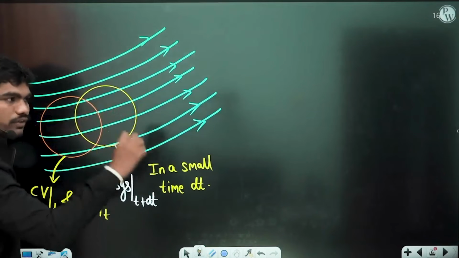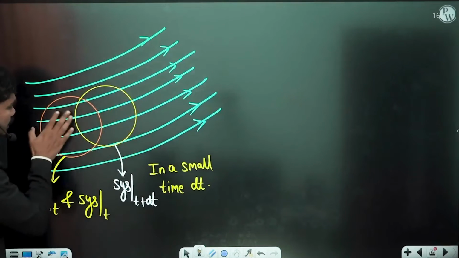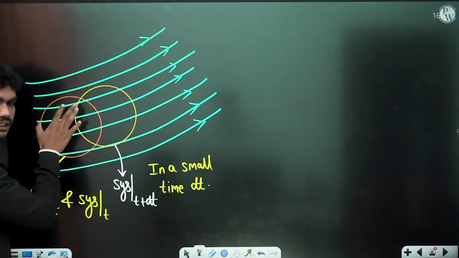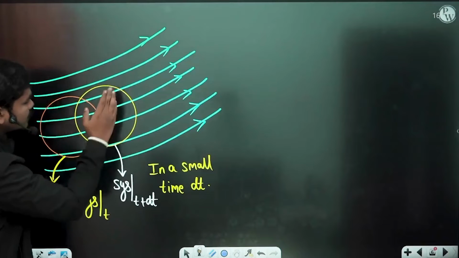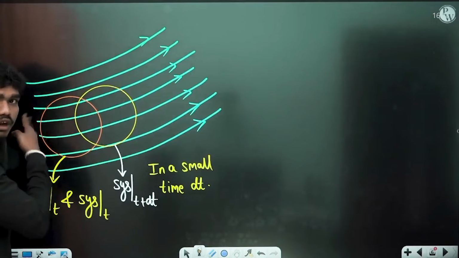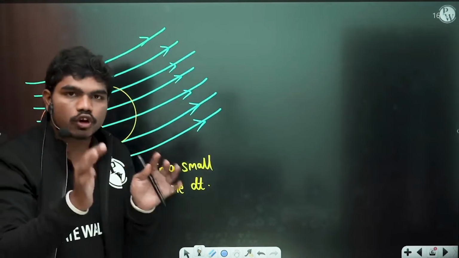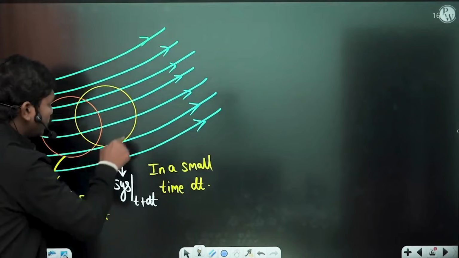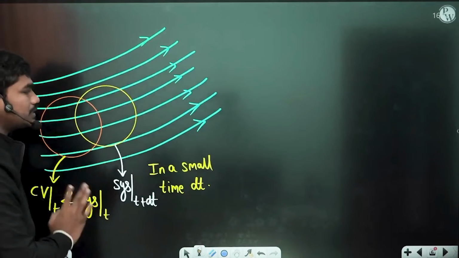Obviously it happens because when you fix a volume, then when there is flow within the small time dt, initially if this fluid which is within this orange volume is taken as system, then within some time some part of the fluid will leave this and some new fluid will actually enter. But this new fluid which is coming is not my system, correct? Because system is the fixed amount of matter which you are focusing on. So this amount of fluid which is in this yellow circle now is my system. That's my system at t plus dt.